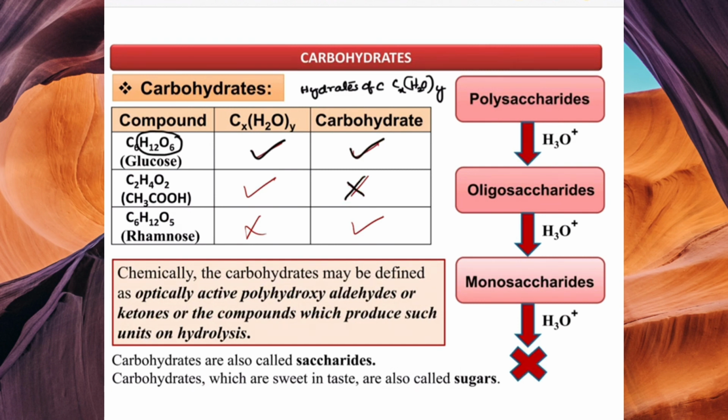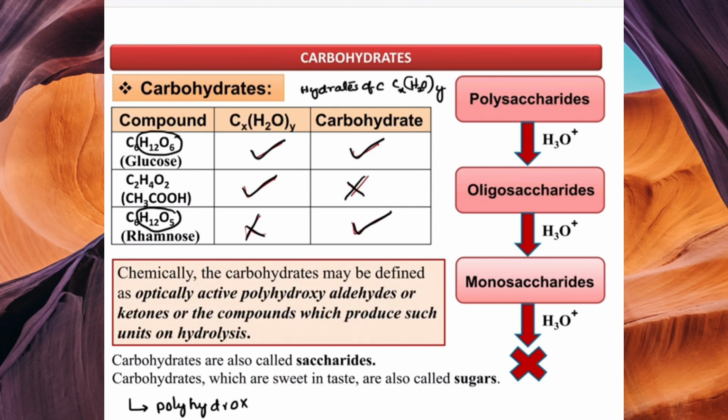Acetic acid is not a carbohydrate, but it follows the same formula. Rhamnose is a carbohydrate, but its hydrogen to oxygen ratio does not follow this formula. Therefore, carbohydrates are redefined.